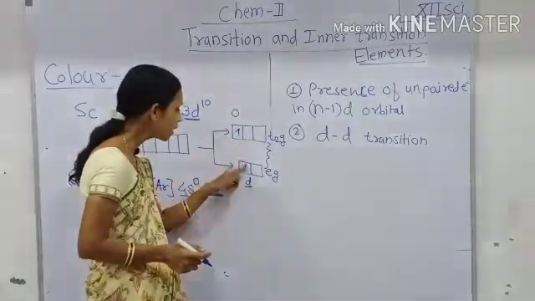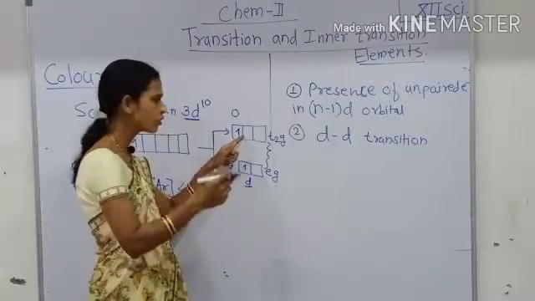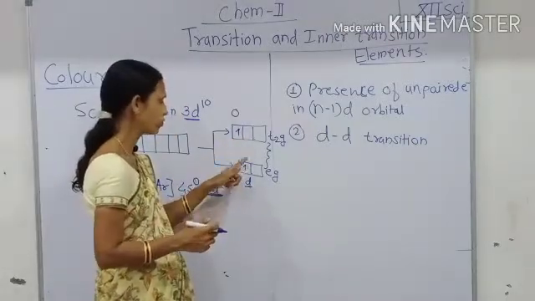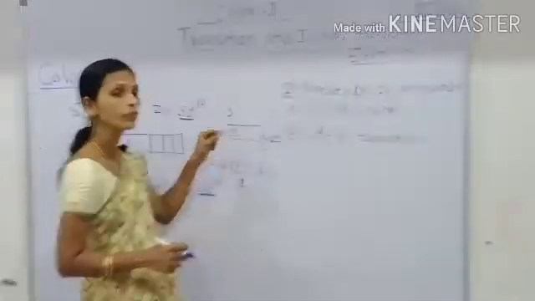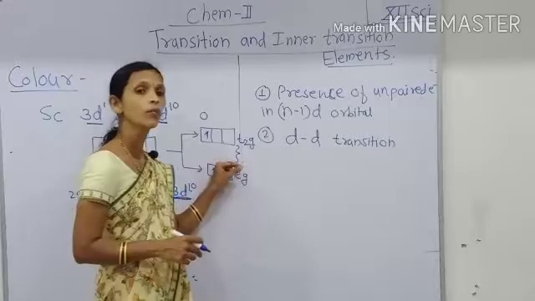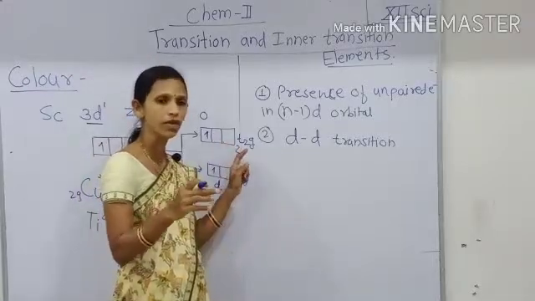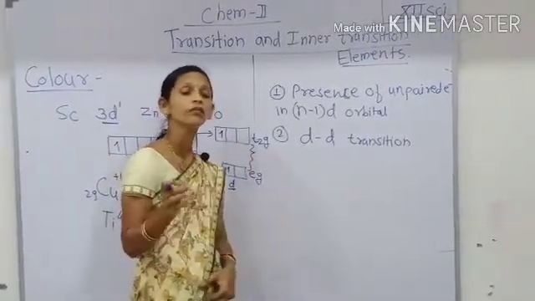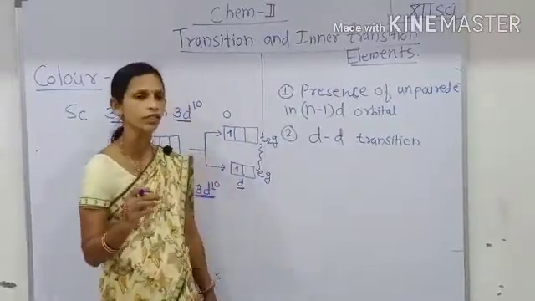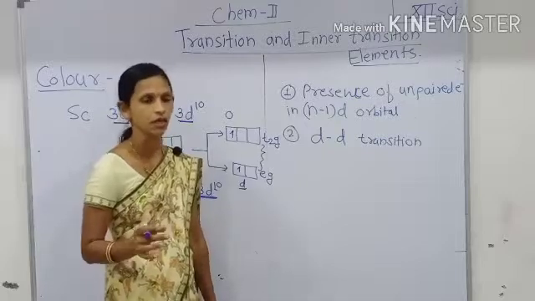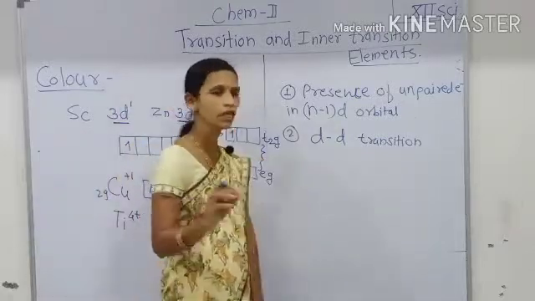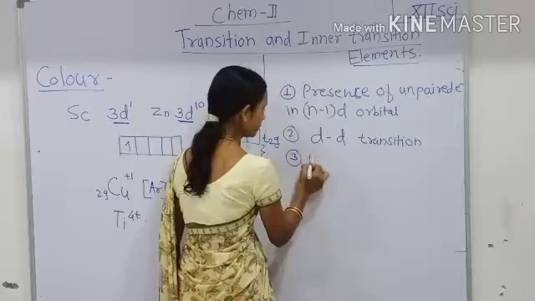The energy required for that promotion of an electron from lower to higher energy determines the color of that compound, since the color depends upon that amount of energy. So the color of transition elements and their compounds also depends upon d-d transition. One more reason is the nature of ligands.